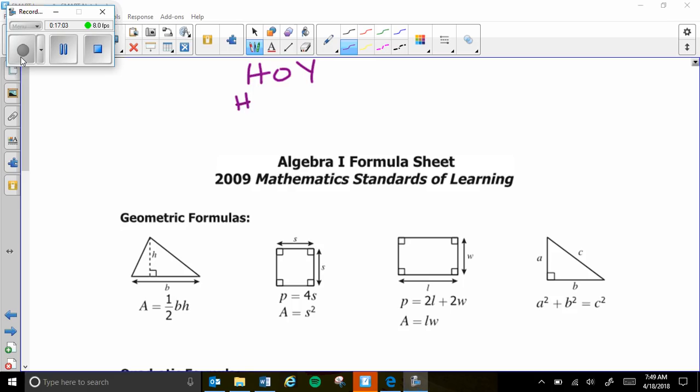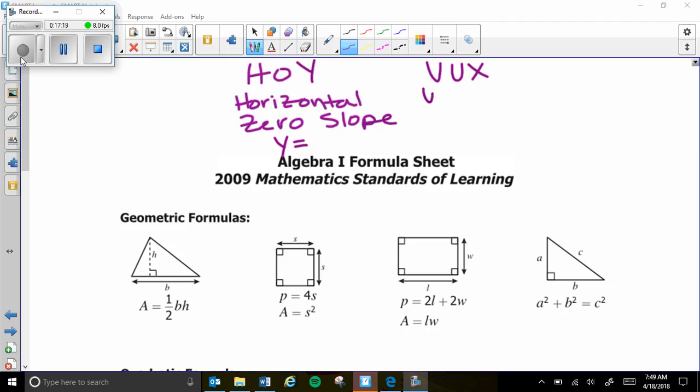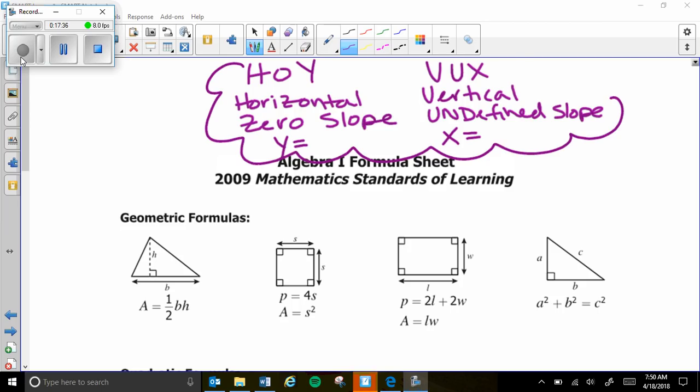HOI stands for horizontal, 0 slope, y equals, and then we have BUCS, vertical line, undefined slope, and x equals. So HOI and BUCS.